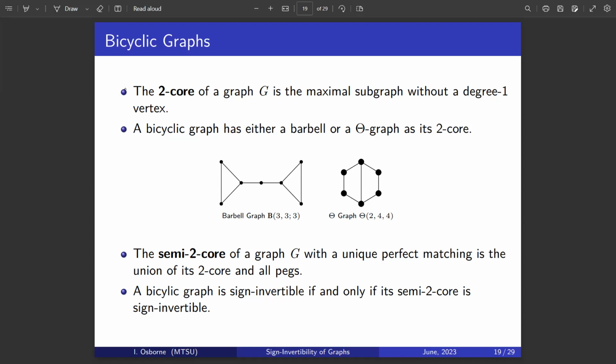So there are 2 main families of bicyclic graphs. There's either the barbell graph or the theta graph. So we define a bicyclic graph as a graph that has either of these as its 2 core.